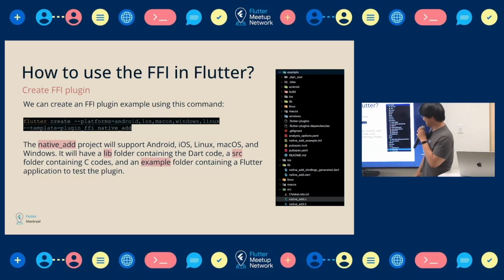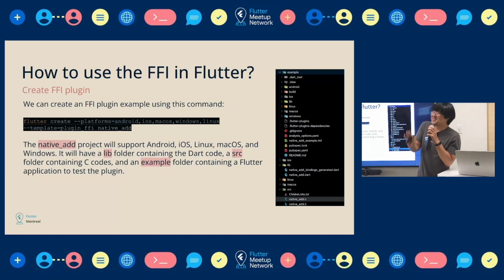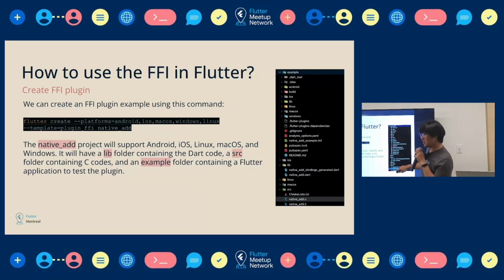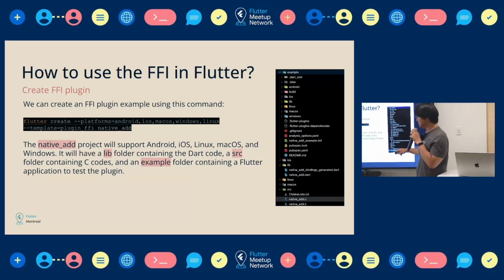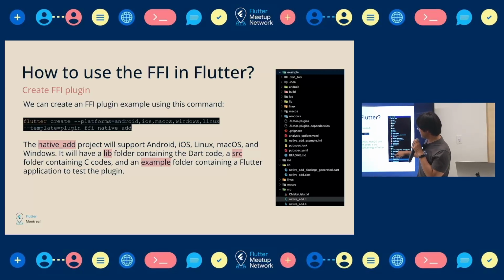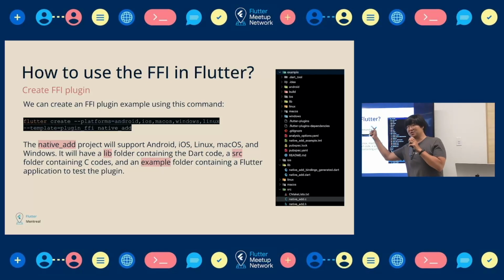Don't be scared, I'm not going to explain everything about C. Don't worry. They use a CMakeLists file to compile C into the library, and then they have the binding. Binding means you can bind the C function into the Dart code, so you can easily call a Dart function that actually calls the C function. This code is automatically generated, and this Dart file, native_add, is the actual library that we're going to expose to the example project. Okay?